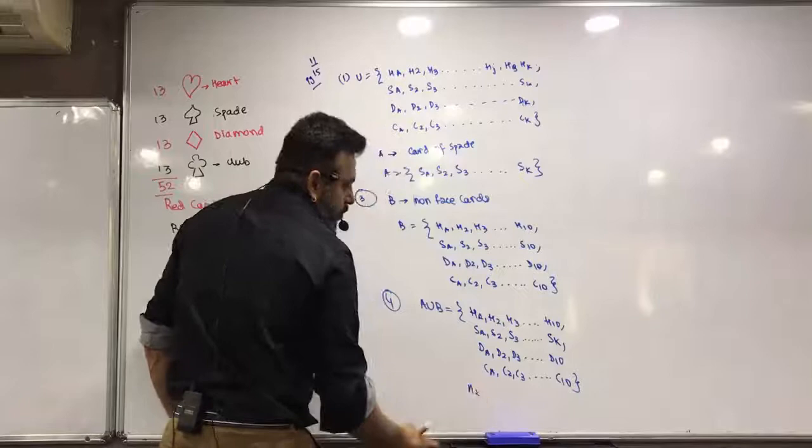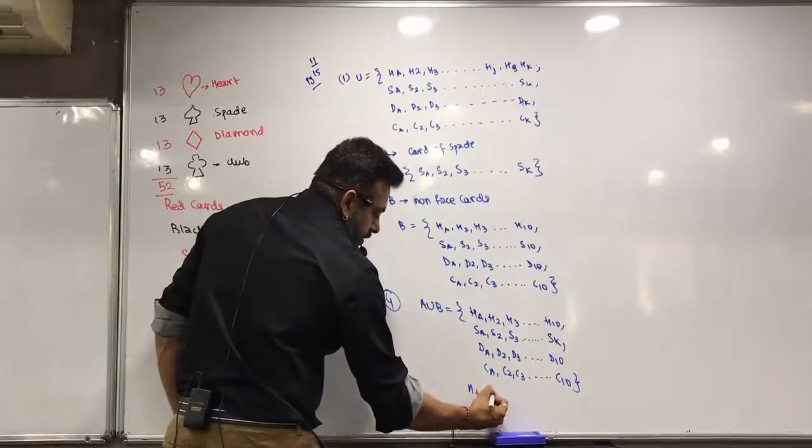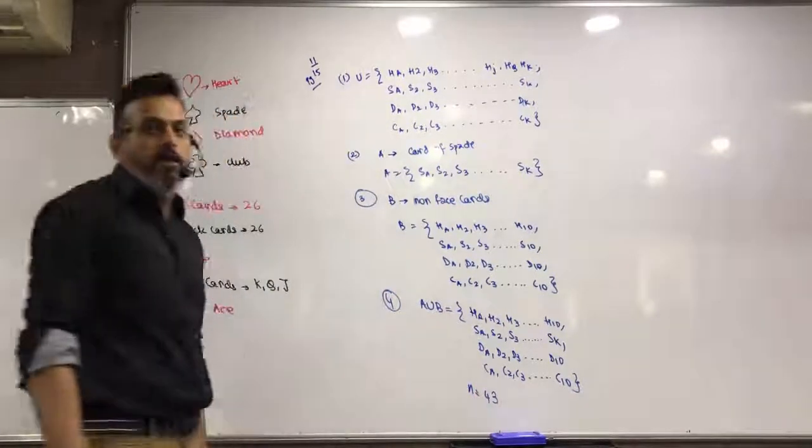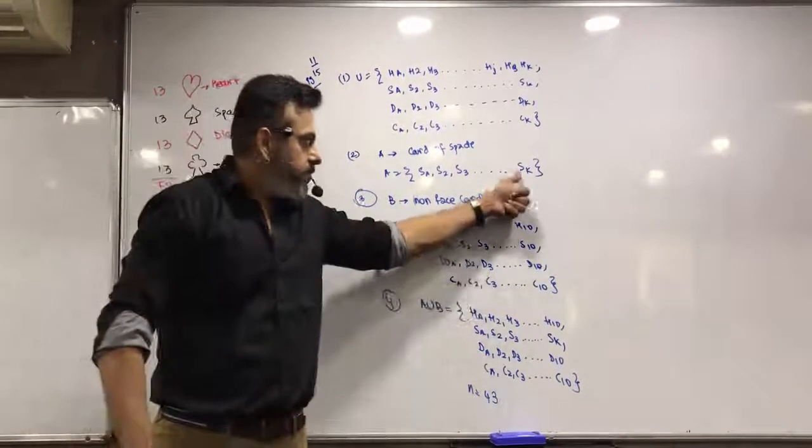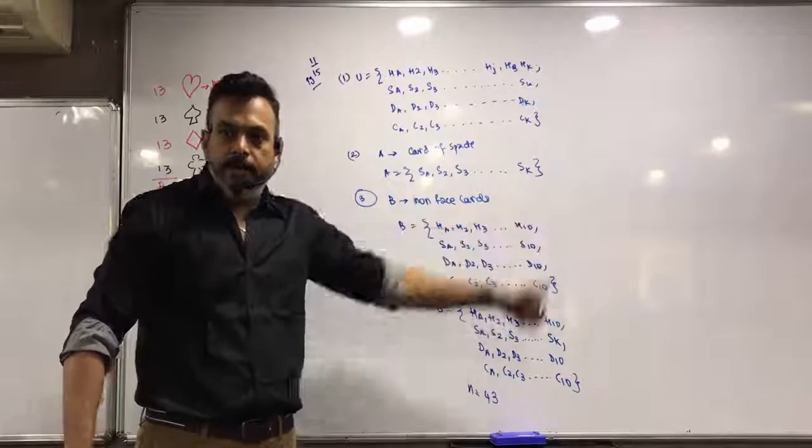Number of outcomes over here will be 43. 3 extra for this J, Q and K.